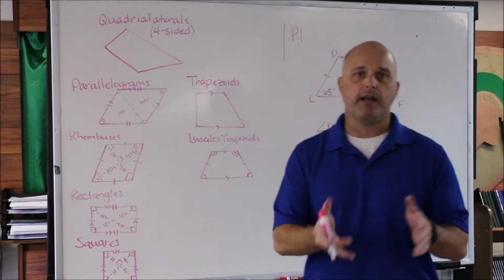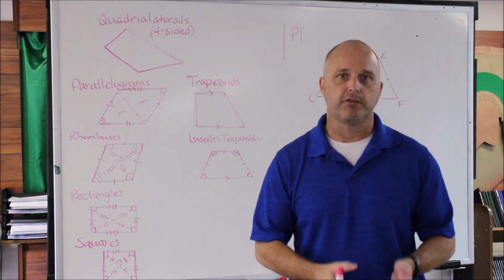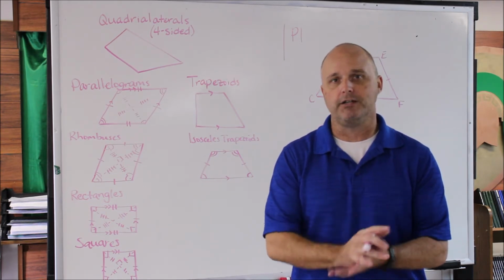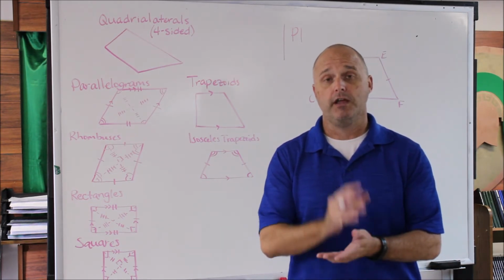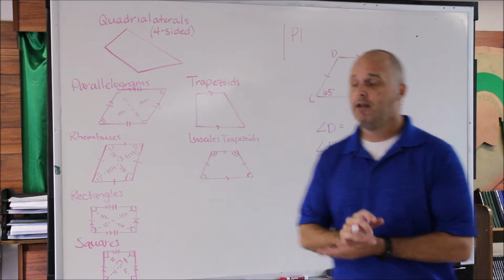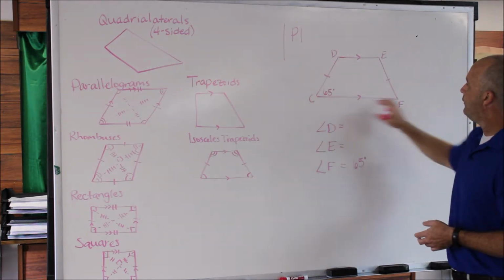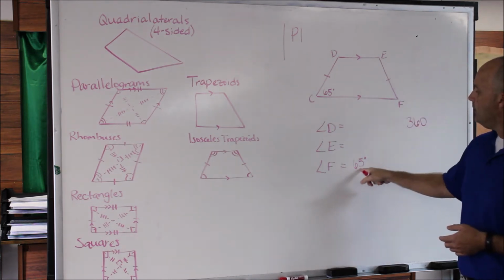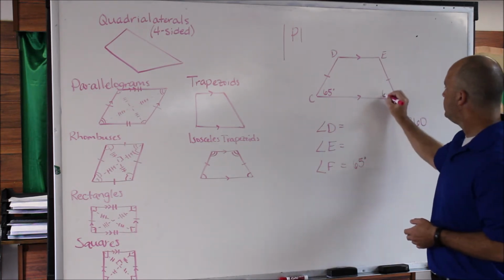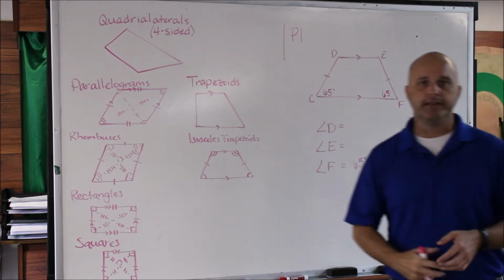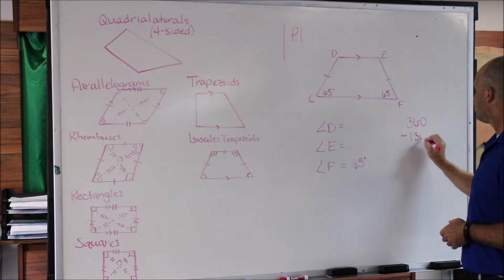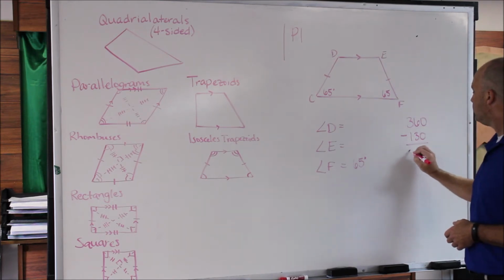Now remember that the isosceles trapezoid is a quadrilateral, so the sum of the interior angle measures is going to be 360. If the entire thing is 360, then what we've already figured out is that we've got a 65 here and a 65 here. So we've already eliminated 130 of those degrees. We're going to subtract 130 from 360.